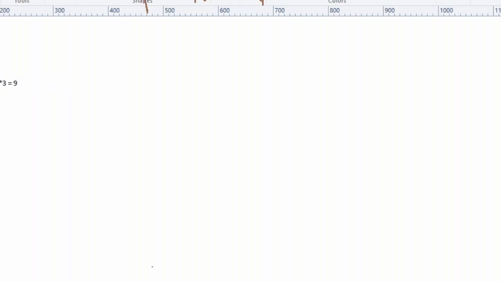Similarly, if they give 723 into 723 into 723, then the last digit depends on 3 into 3 into 3.